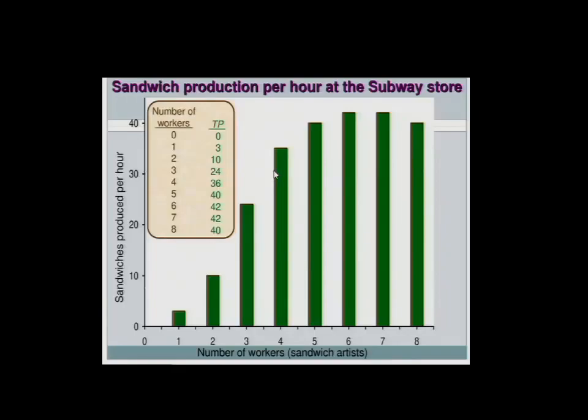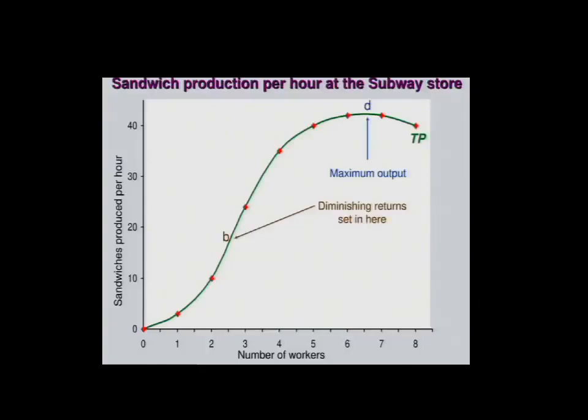Diminishing marginal returns set in somewhere here apparently. After the third person, our jump from this point to this point is basically smaller. And it gets smaller, smaller, and smaller, and even declines eventually because of the overcrowding. Makes sense, guys? This is the law of diminishing returns in graphical form. So diminishing returns kick in somewhere here.